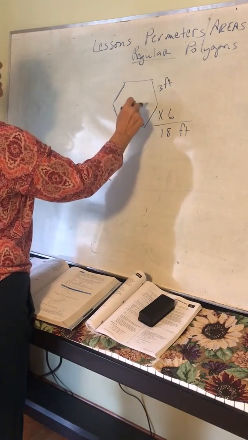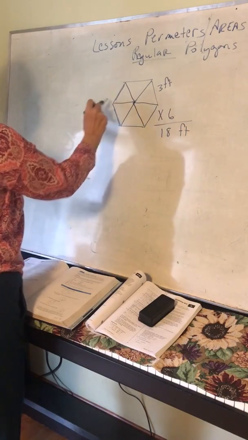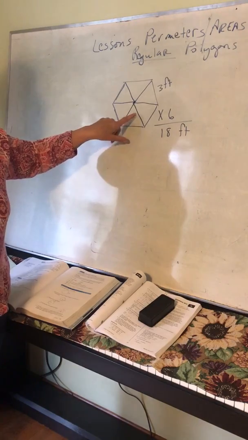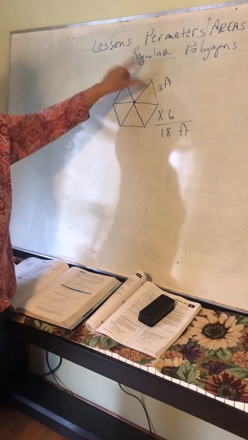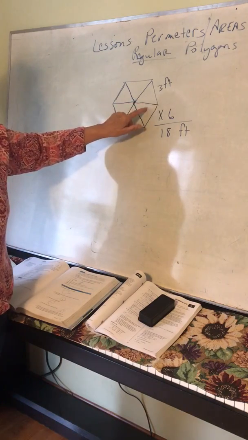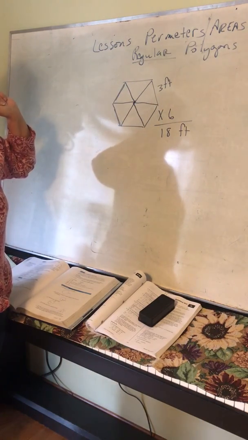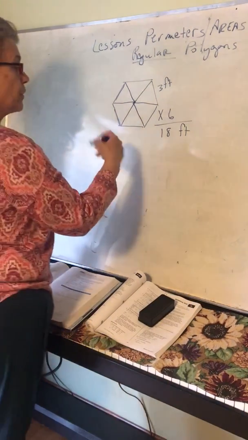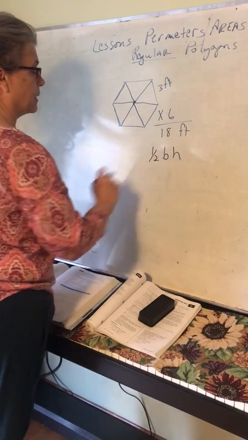Then we figure out the area of one triangle times all the triangles, because in a regular polygon all these triangles will be the same, or congruent. The area of a triangle is 1/2 base times height.